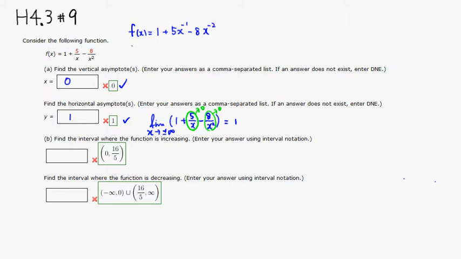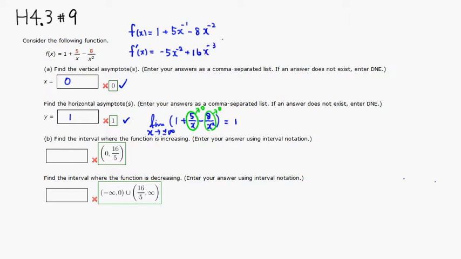If you take the derivative of this, f prime of x is equal to: the derivative of 1 is 0, the derivative of this term is negative 5 x to the negative 2, then plus 16 x to the negative 3.